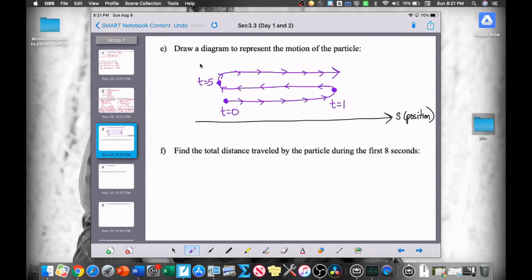Letter F asks us to find the total distance traveled by the particle during the first 8 seconds. Okay, this is perhaps the trickiest part of this problem.